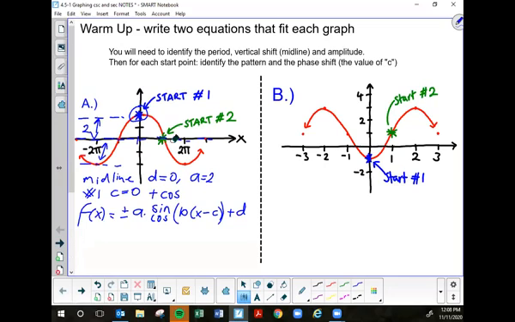If I was doing start number 2, first of all, the value of C. So for number 2, the start has been shifted to the right by this value here. Well, if this is 2 pi, this must be at 1 pi.